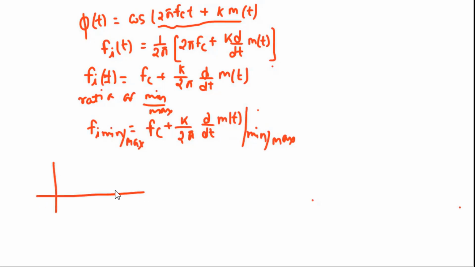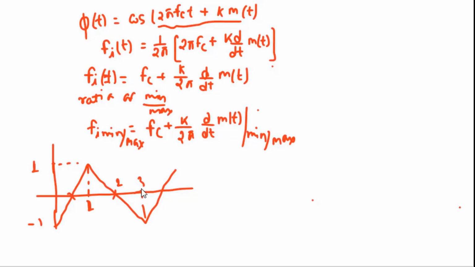So you are given m of t as shown: this is 1, this is minus 1, and this is your time axis. These are marked as 1, 2, 3, and 4. Here t is in milliseconds. The unit of t is milliseconds.